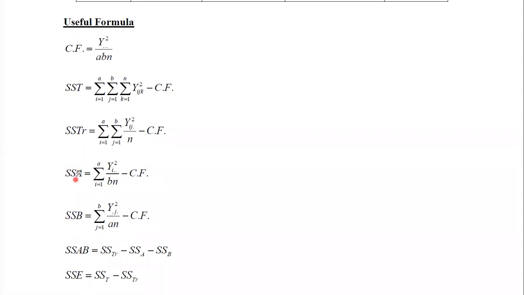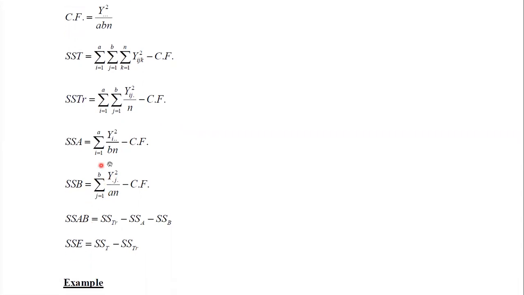If it is the column factor, then the ith column total has to be taken and squared, then divided by b into n. B is the number of levels in factor B, and n is the number of observations. Then you have to subtract the correction factor.